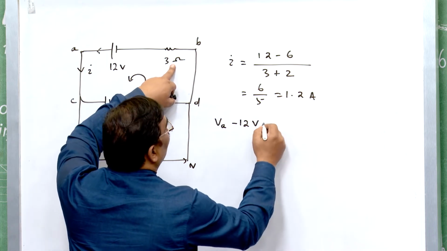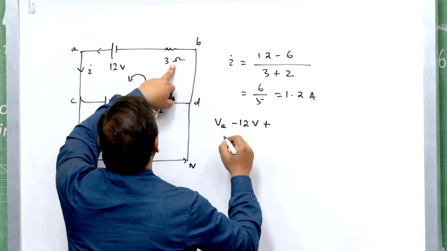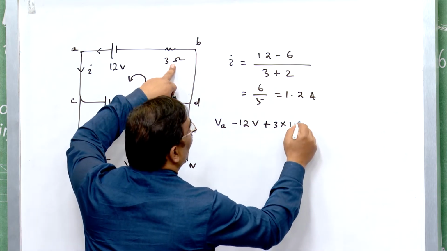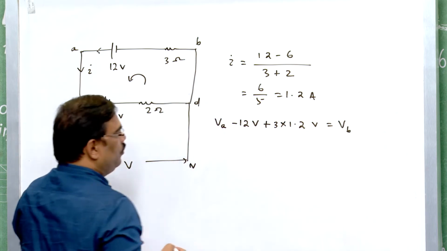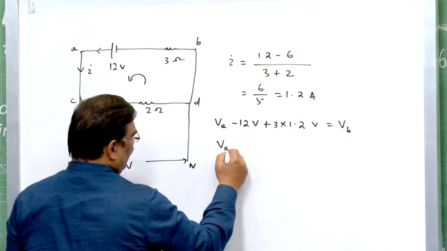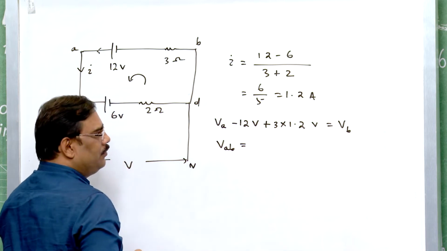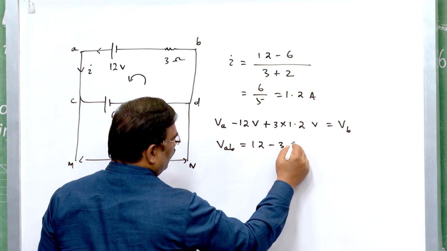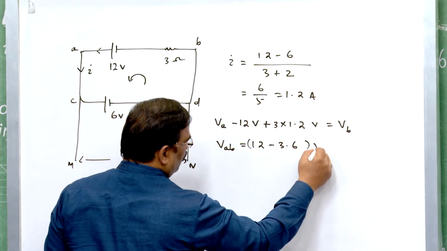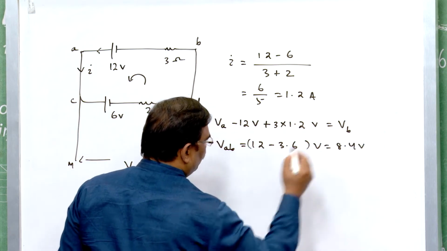So, it is plus 3 into 1.2 and then I come to B. So, VAB will be equal to 12 minus 3.6 volt. So, this is 8.4 volt.